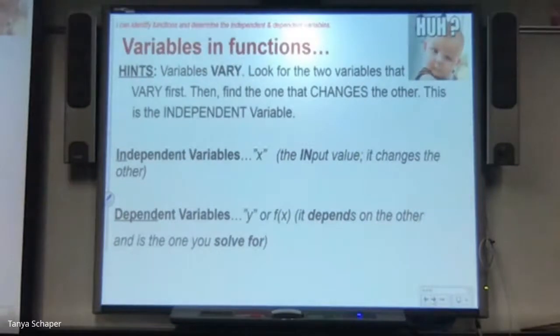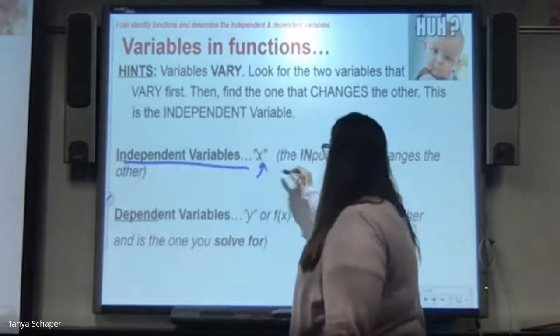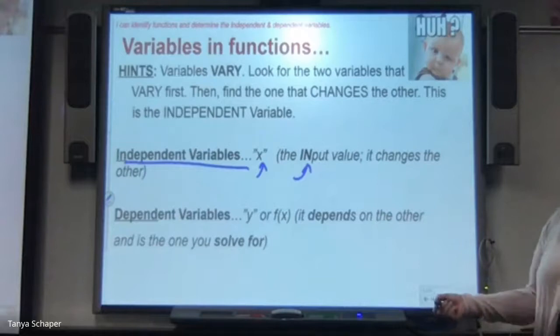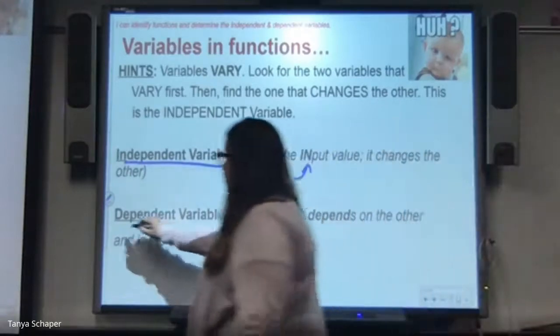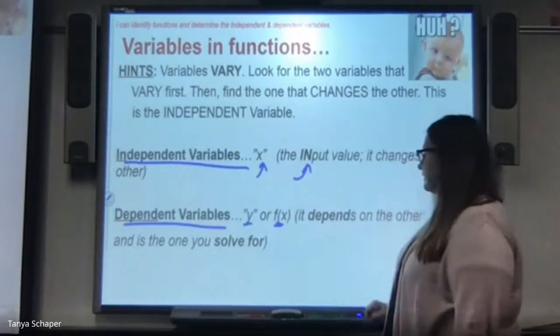So a couple things with functions. We've talked about them. It's worth mentioning again. Your independent variable is your x. It's your input. It affects the other. Your dependent variable is your y, or your f of x.